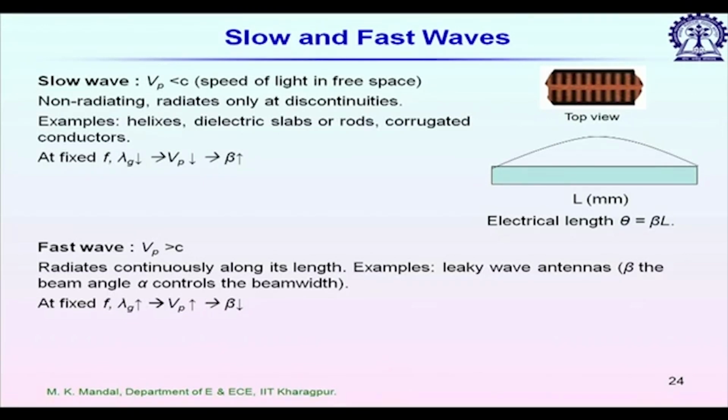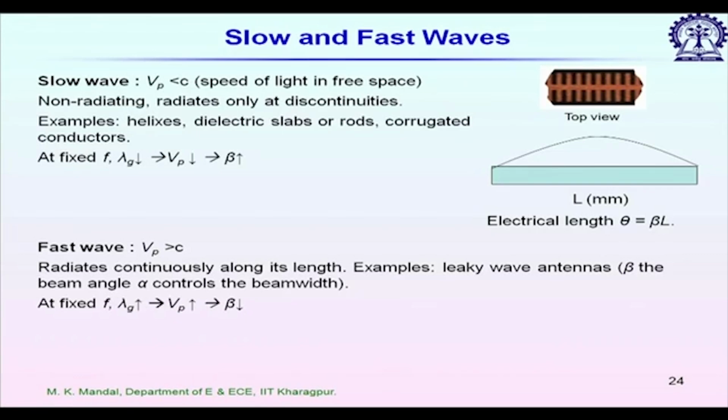Actually, there is a category of antenna which utilizes this continuous radiation along its length. We call it the leaky wave antenna, and for this leaky wave antenna, the beam direction is a function of beta or frequency. So, if I change frequency, then beam direction will change.